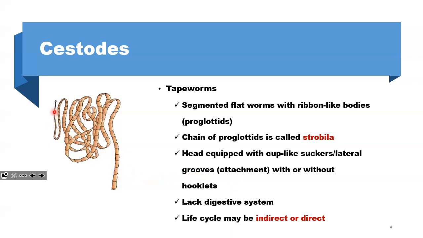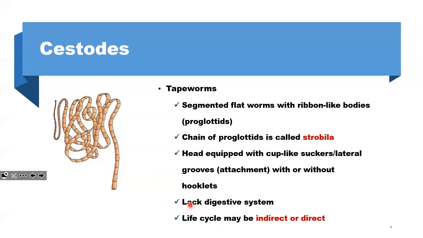These are essentially for attachment. Remember that the flatworms have a wider surface area available for food absorption, and that's why they don't really have a very developed GI tract. With the tapeworms, they lack a digestive system because they depend on pre-digested food from the host.